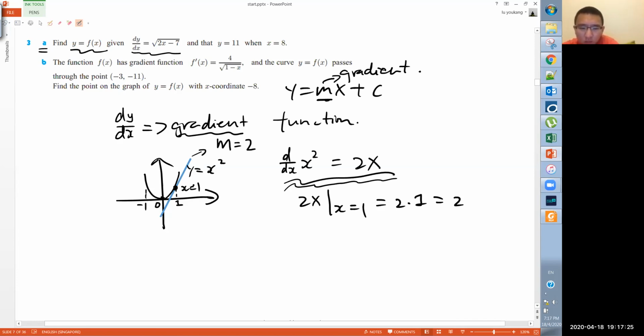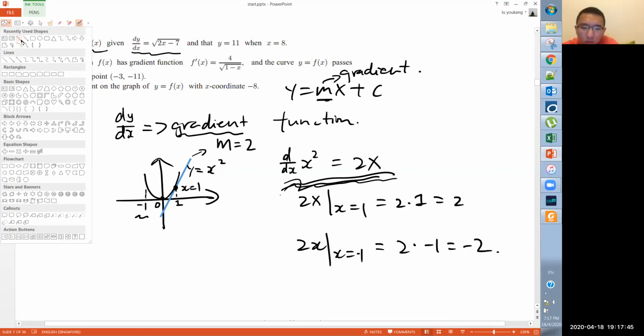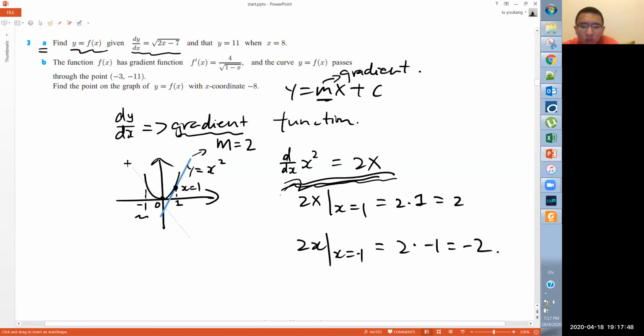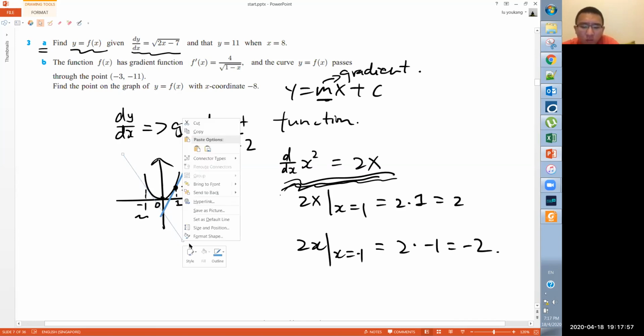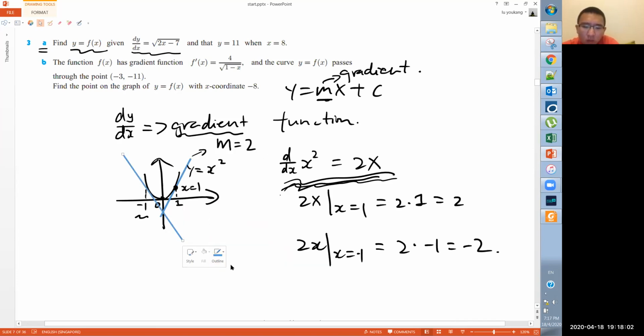Similarly, at x equals -1, you get -2. So you make use of the gradient function here, and the gradient of this line is -2.